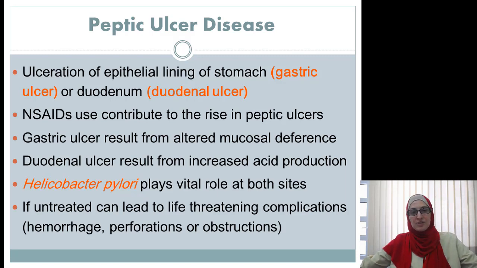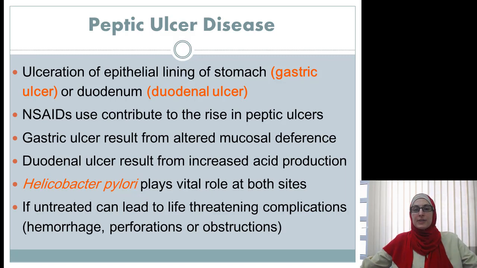However, in the gastric ulcer, the gastric mucosa is already prepared and designed to accommodate this amount of acidity. So the problem mainly lies within the mucosa of the stomach, or the mucus layer that protects the stomach.